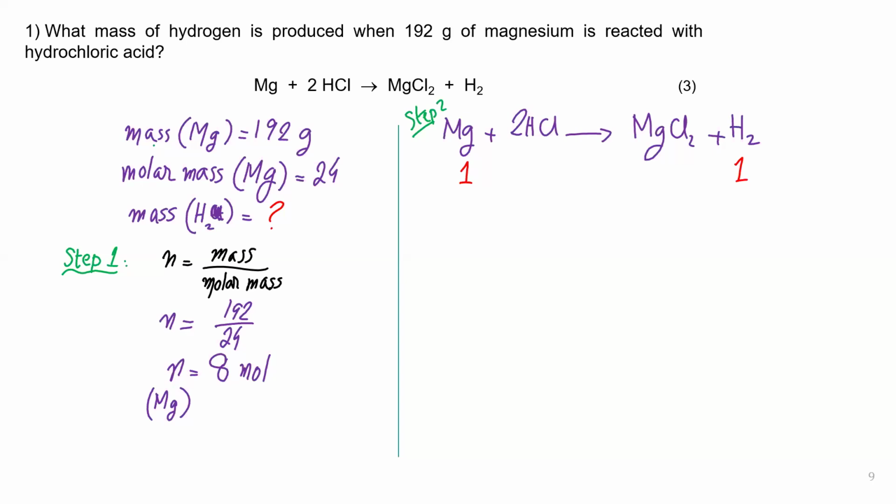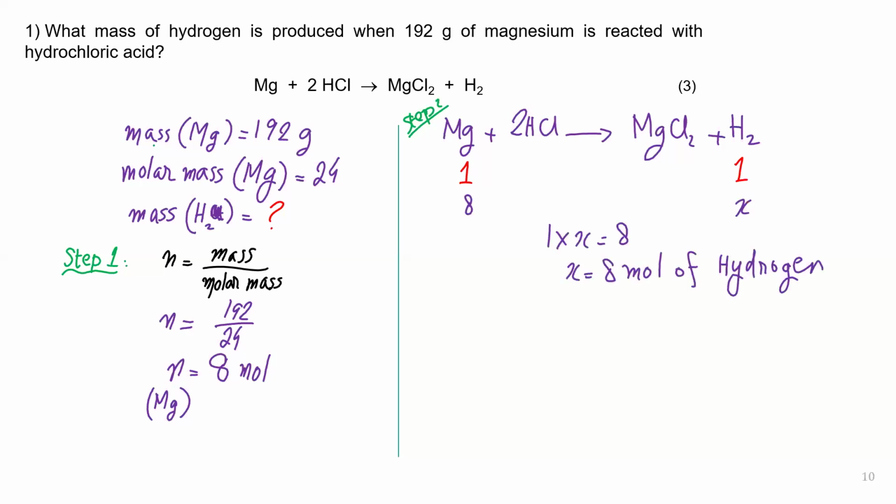Can you see the balancing 1:1 between magnesium and hydrogen? Yes. Considered 1:1.